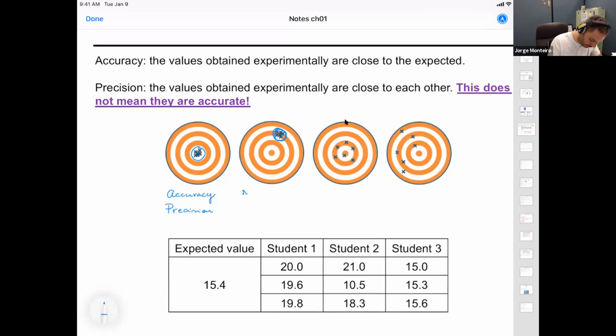So therefore, there is no accuracy. But is this person precise? Yes, this person is very consistent in being not accurate, right? So all the darts in a very small and compact region. So there is a lot of precision.